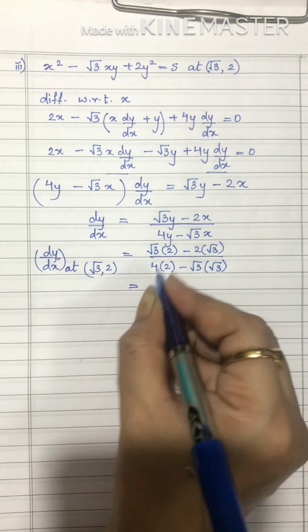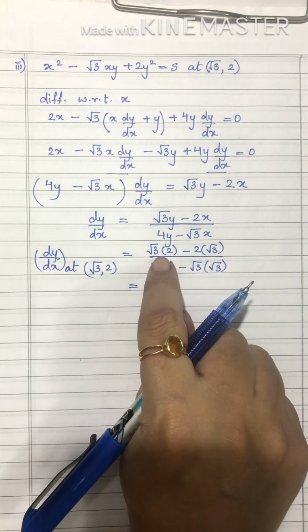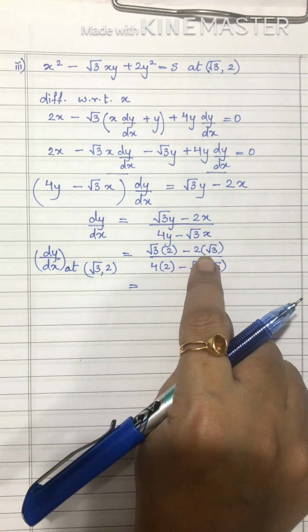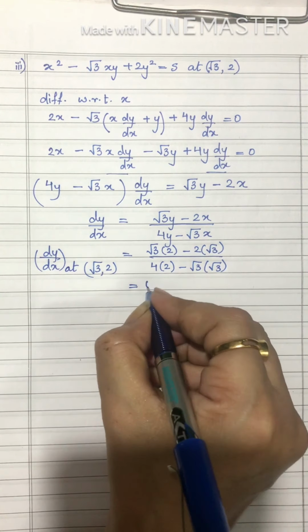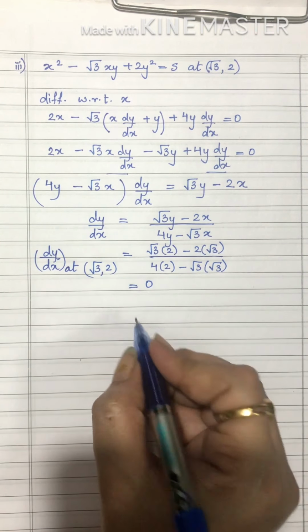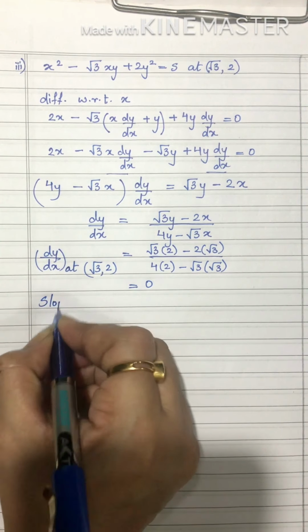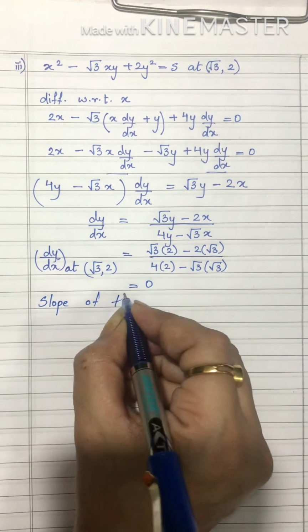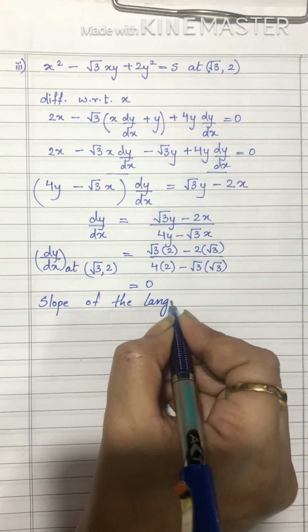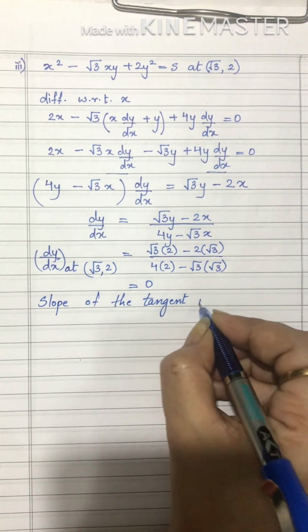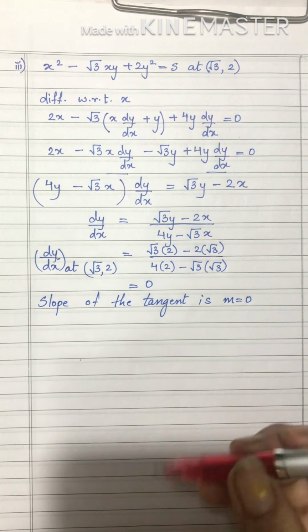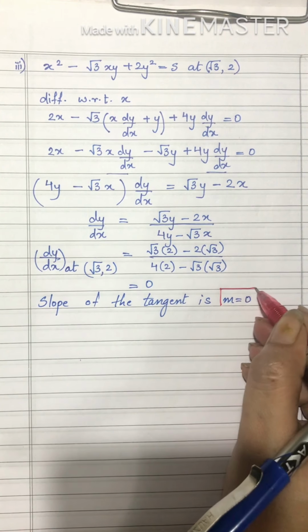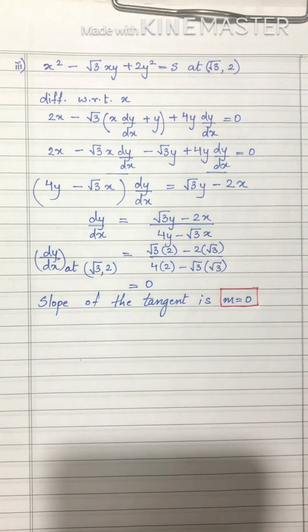Now before we solve this further, in the numerator we are already getting 2 root 3 minus 2 root 3, that will give us 0, and 0 upon anything ultimately gives us 0. So here we get slope of the tangent, m is equal to 0. Okay, so what we were interested in, finding slope of the tangent, we got it as 0.